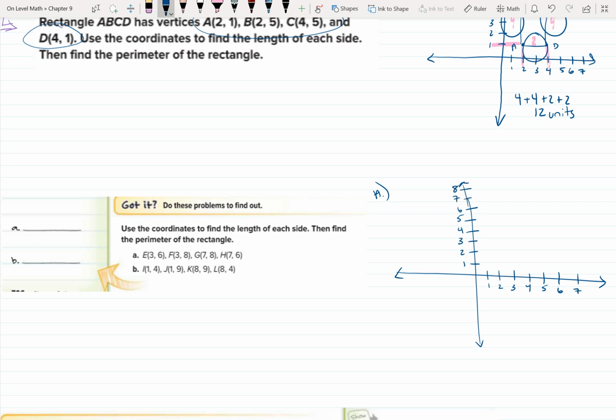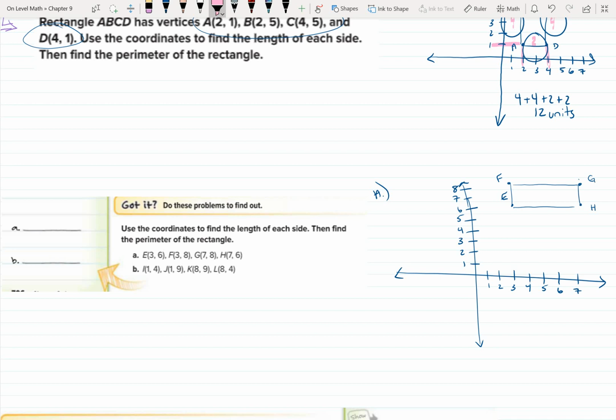Alright, so E is over 3, up 6. F is over 3, up 8, over 7, up 8, it's G, over 7, up 6. Okay, so we know it makes a rectangle.